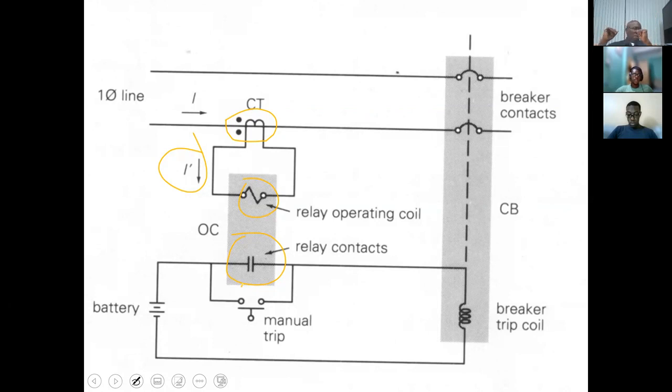Now, what happens in reality is that once the relay is energized, meaning once it passes top, you're going to have an instantaneous closing or opening of contacts. However, those contacts are then connected to a timer.